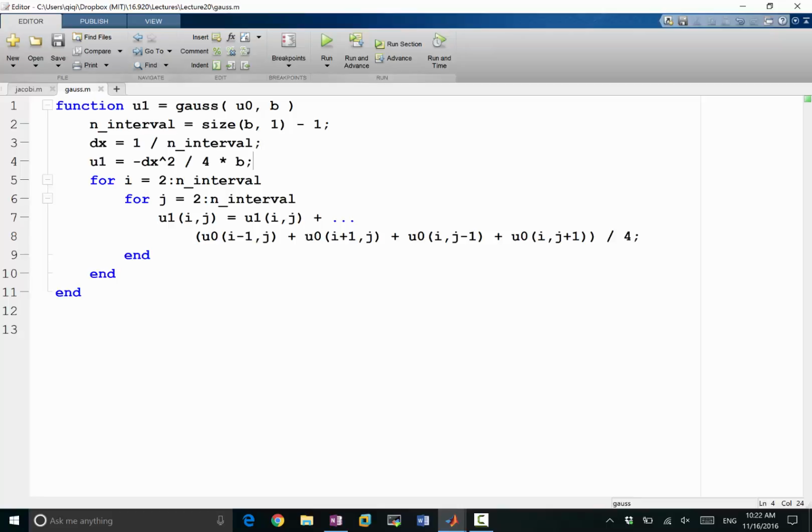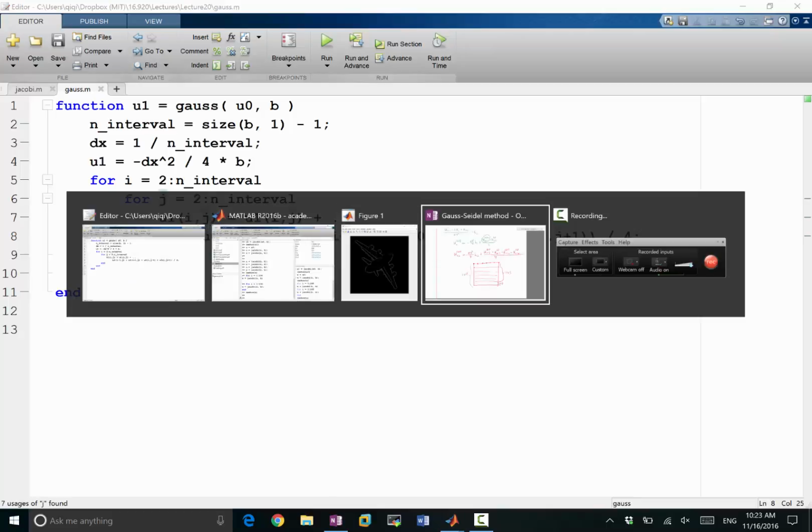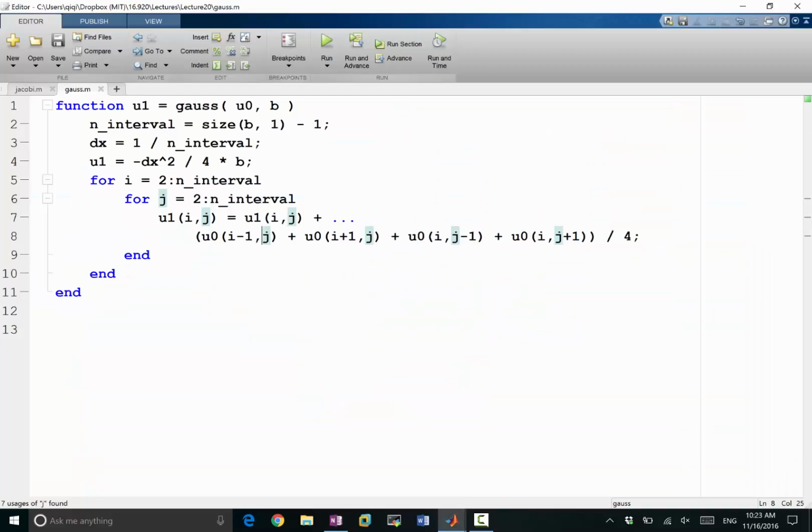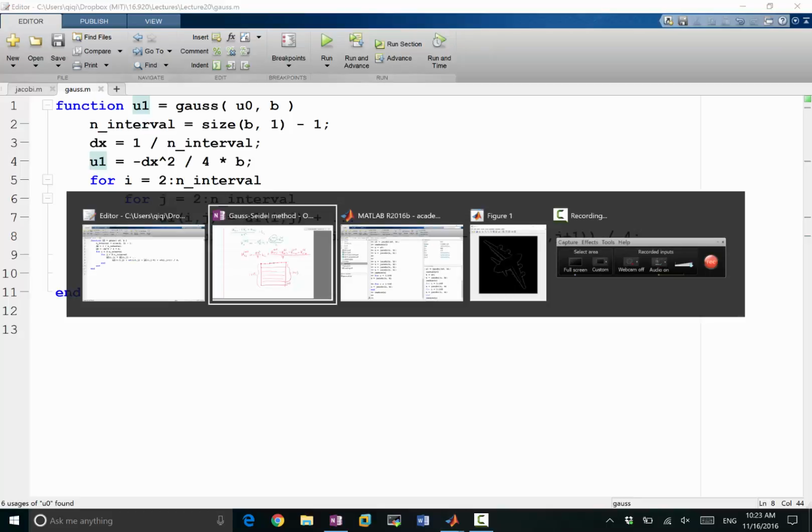Line 8, right. And which other terms do I need to change? If you think about the difference between Jacobi and Gauss-Seidel, I just need to change the uk to uk plus 1 for two terms, right? Which terms are already computed? This one and this one, the j minus 1 and i minus 1 terms. That will be all the modification I need to change Jacobi to Gauss-Seidel.